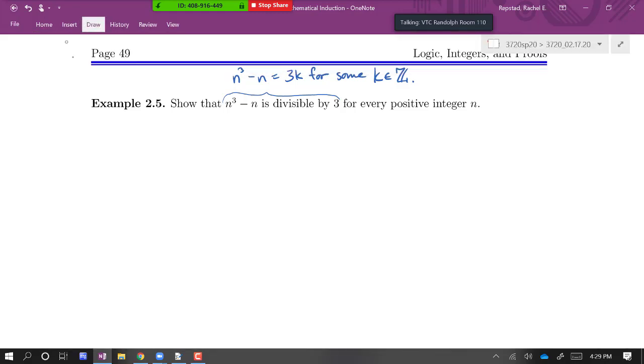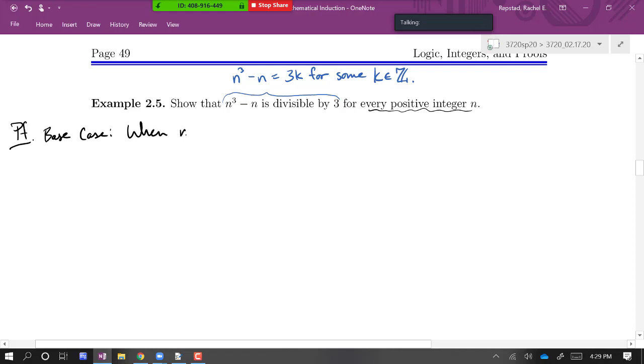So, okay, let's do the base case. They said for every positive integer n, that means that our base case is n equals 1. When n is 1, the expression is 1 cubed minus 1.